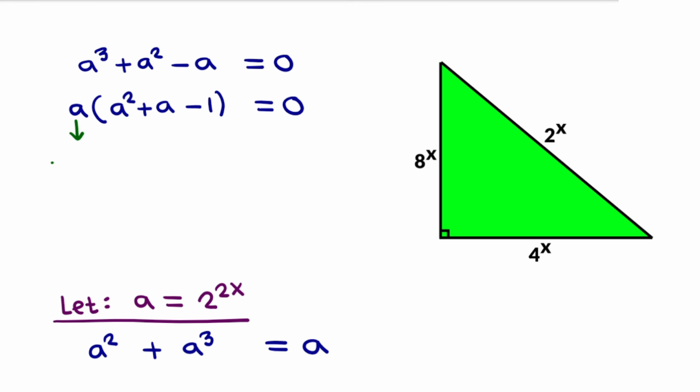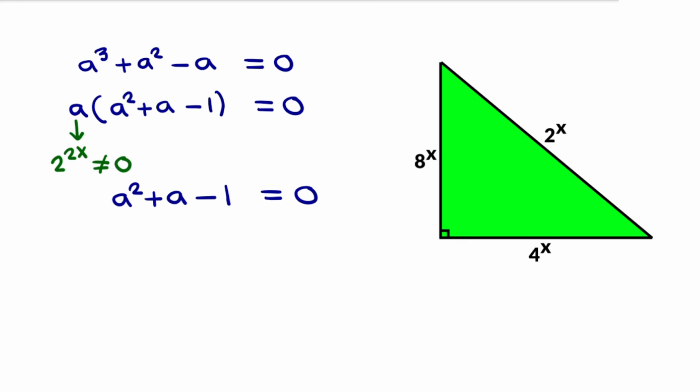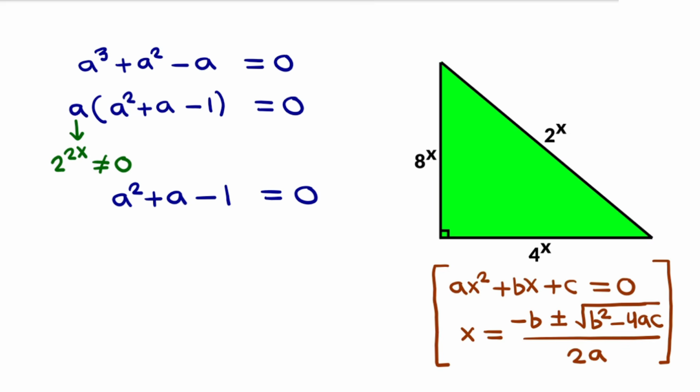Since a represents 2 to the power of 2x, it can never be 0. Exponential expressions are always positive. So the only possibility is a squared plus a minus 1 equals 0. And now we've arrived at a classic quadratic equation.